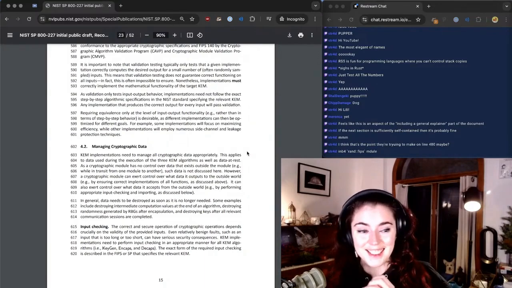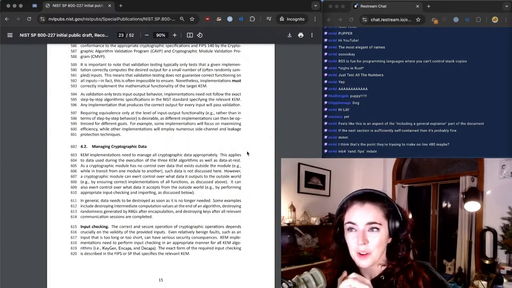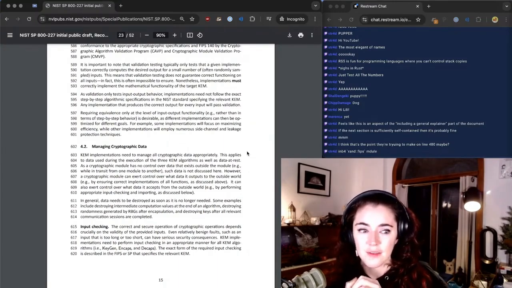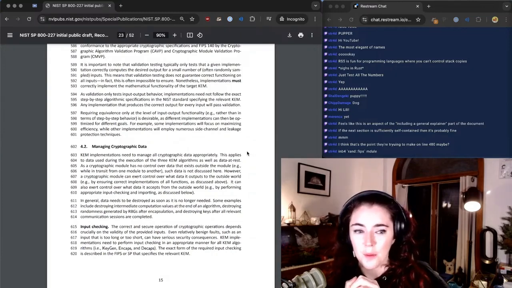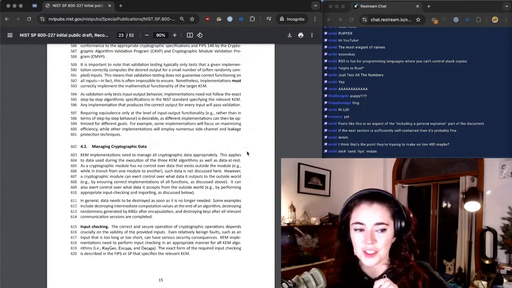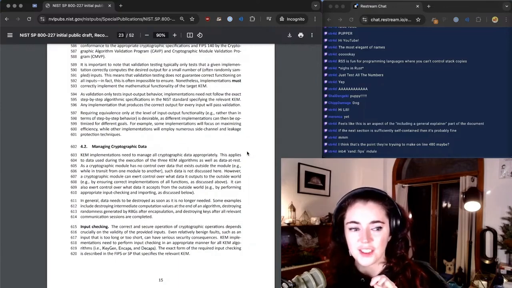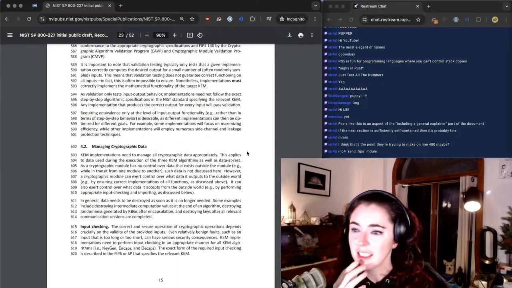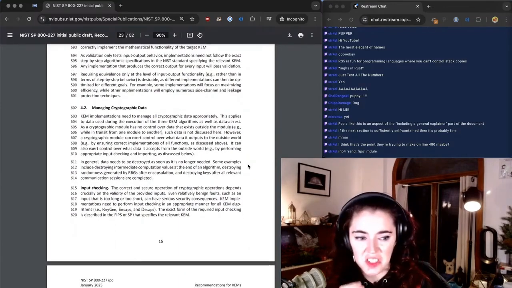I have a feeling this is part of the reason why you might have FIPS validated code that's fine. But if you want to formally verify or model, you might want to stay kind of close to the specification. Just saying. It is the standard.